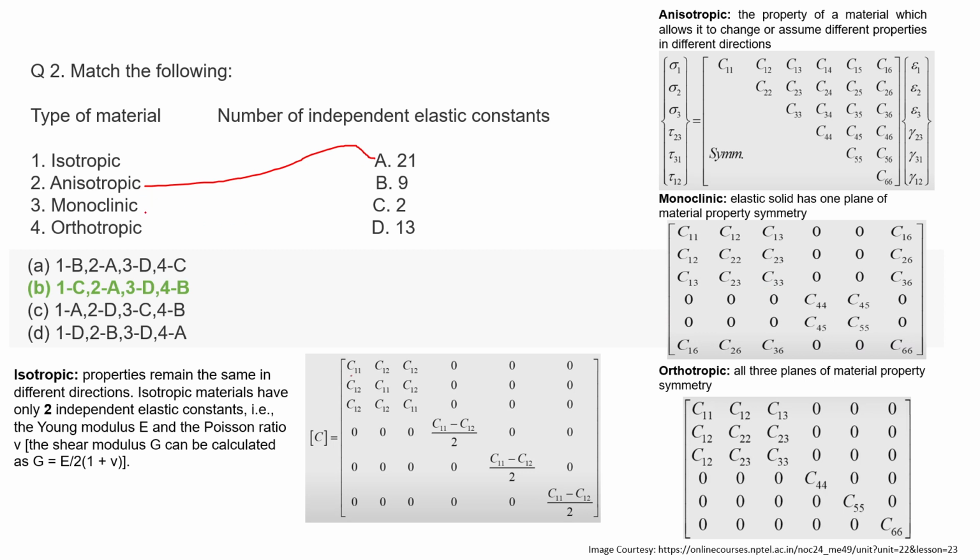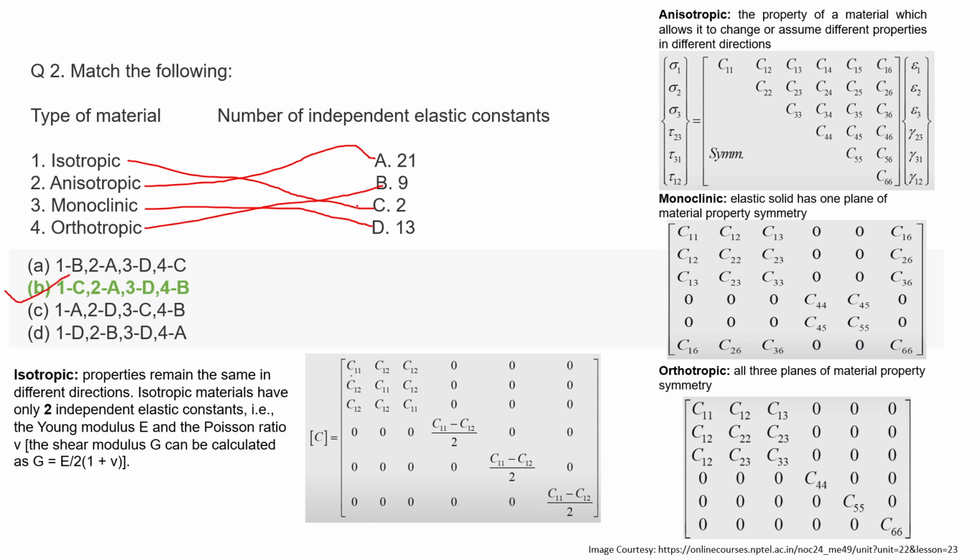After that, there will be monoclinic with one symmetric plane, which will have 13 independent elastic constants. After monoclinic, there will be orthotropic with three symmetric planes. It will have nine independent constants. And finally, isotropic, which only needs two independent elastic constants. So by matching this, we get option B as our correct option.